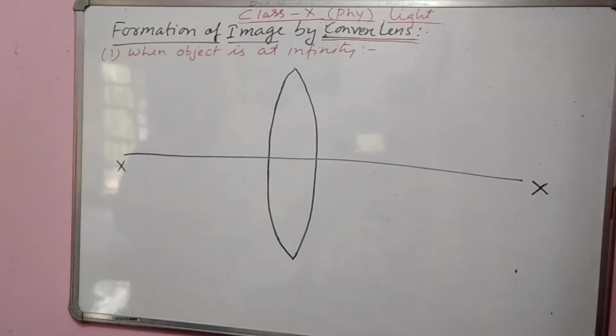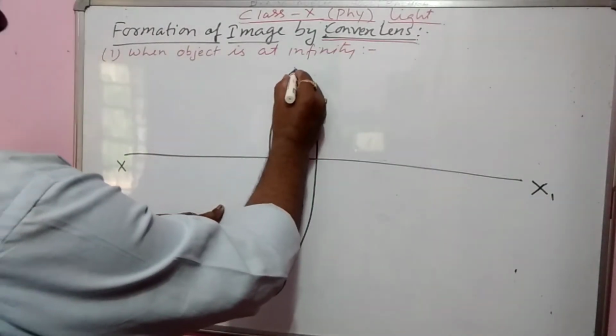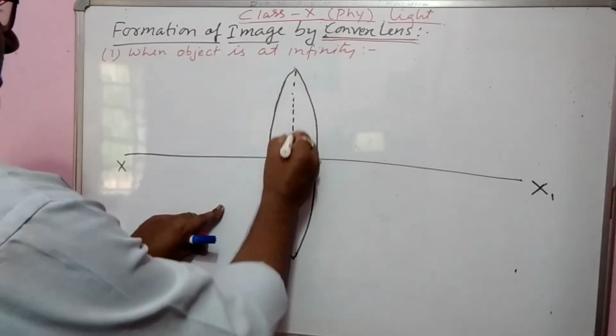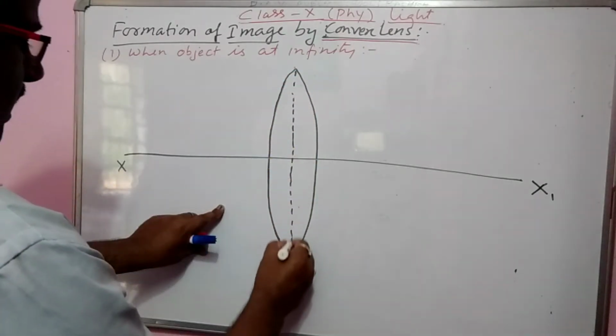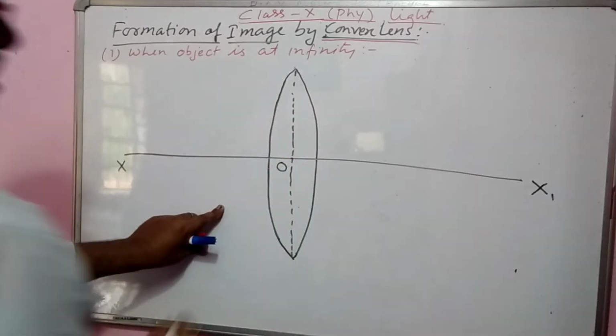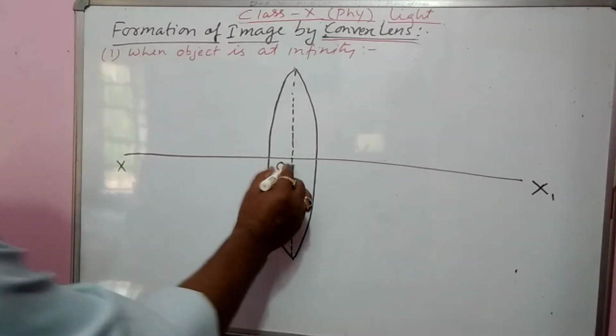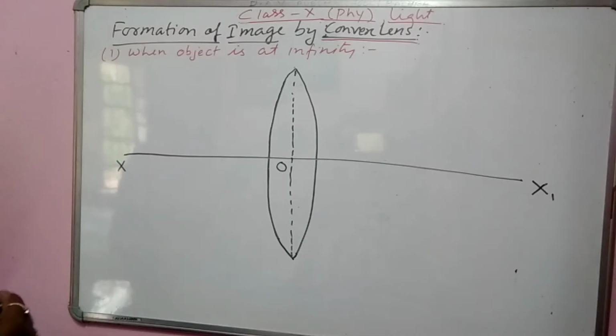It is the principal axis of the lens, and it divides the lens at the central part. You will get the meeting point O, that is called the optical center. This is termed as optical center.